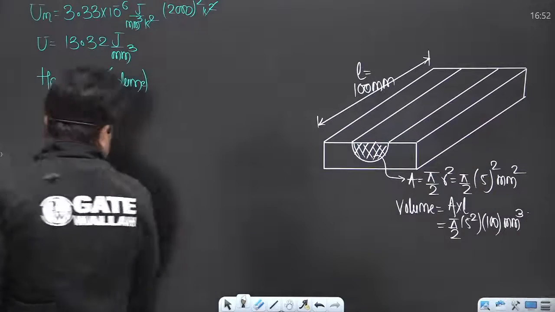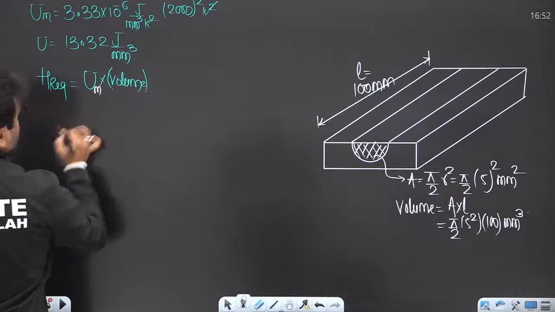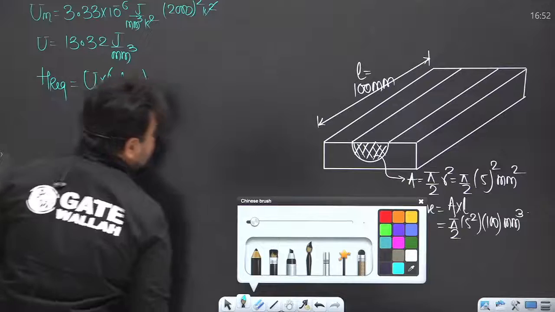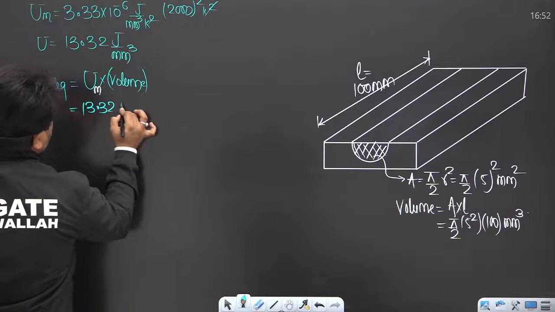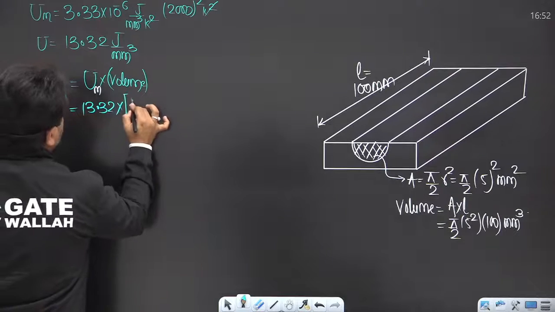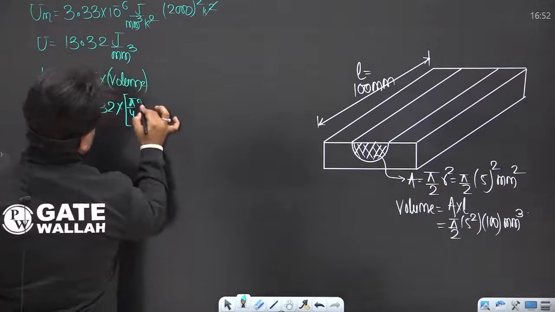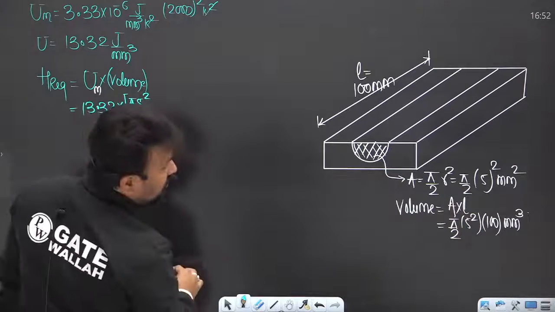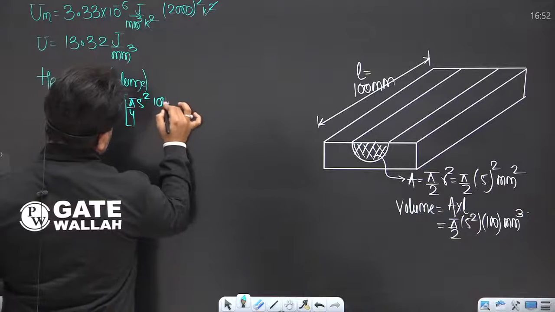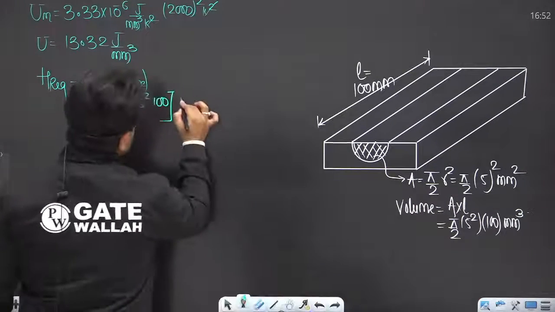So multiply that specific heat, 13.32, into the volume, which is pi by 2 into 5 square into 100. That much joule.